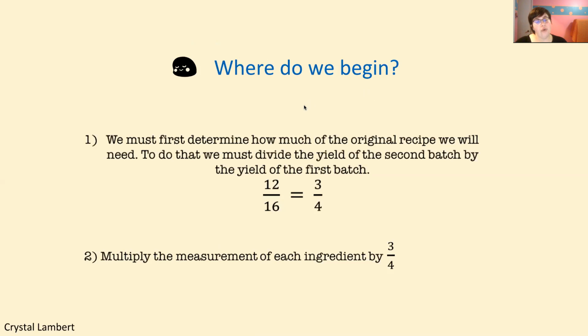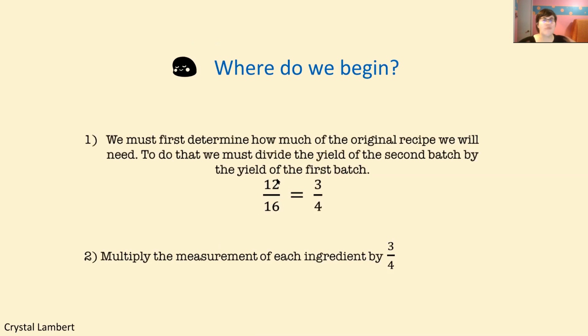Okay, so what we must first determine is how much of the original recipe we will need. To do that, we must divide the yield of the second batch by the yield of the first batch. So the yield of the first batch goes on top, that's 12. The second batch goes on bottom.